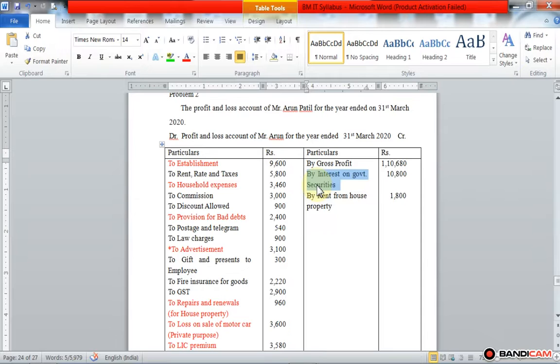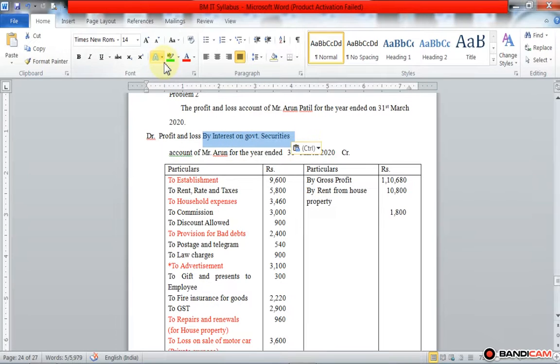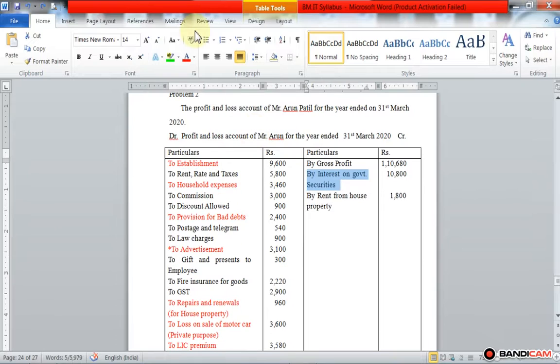We need to find the correct profit for payment of tax, so income from other sources is not business income. Interest on government security is not business income, it is income from other sources.